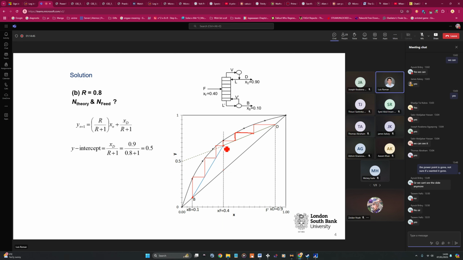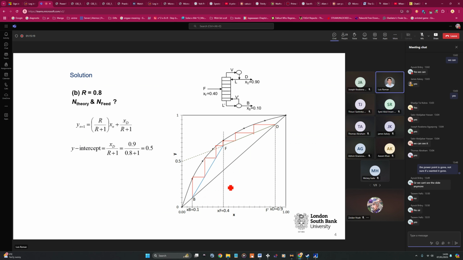And once you are past the intersection of both operating lines, you need to switch now to the other operating line. Please remember to do that, because in some previous exams, I have seen some students still drawing everything using the rectifying operating line, which is wrong. You always have to switch then to the other operating line.